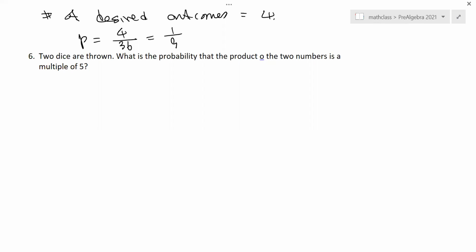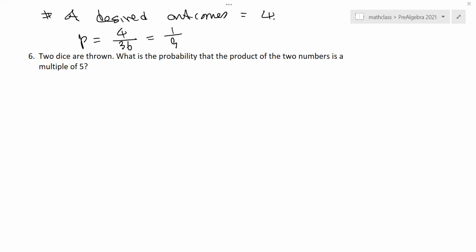The product of the two numbers you get is going to be a multiple of 5. So the denominator is still 36.